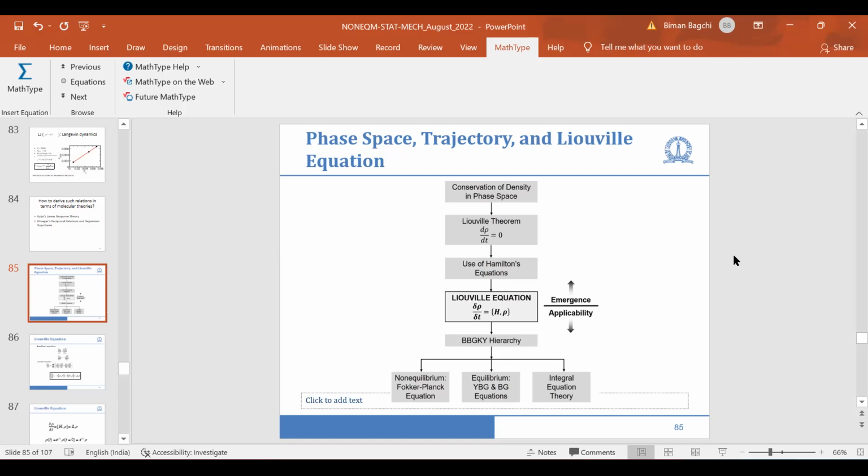Like Marcus, again and again, Marcus took tremendous pain. Marcus himself later told me, Biman, I took so much pain in establishing that the non-equilibrium polarization is why it is relevant in electron transfer.